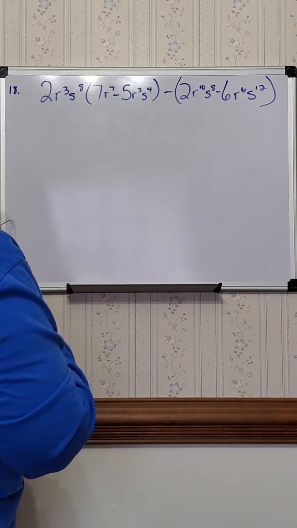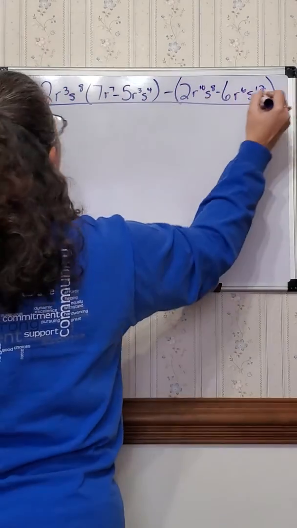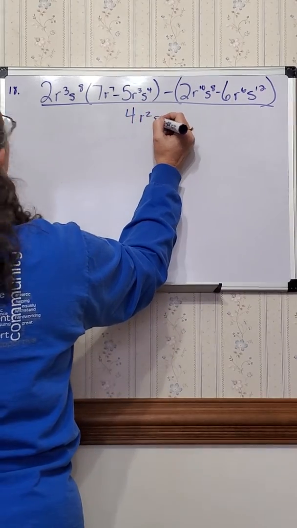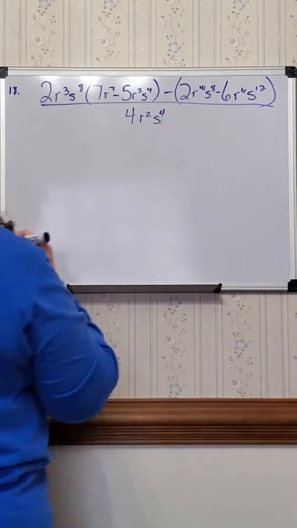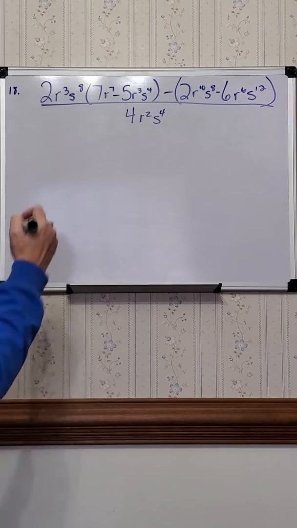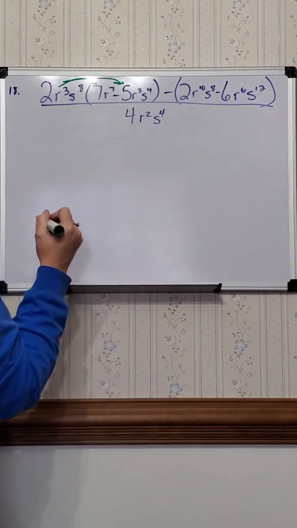So let's take it one step at a time. Oh, I almost forgot the whole bottom here. Let's put the bottom in. Divided by 4r squared s to the 4th. Now, this problem looks crazy. So, step 1, we're going to go ahead and distribute here. So let's go ahead and do that.